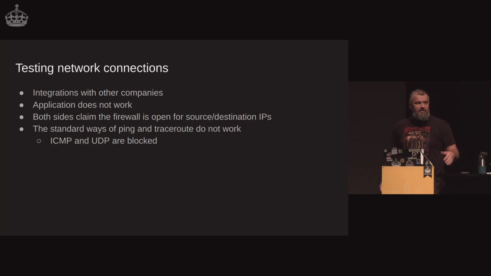And then the admins on both ends say, oh, well, we did everything that you asked for. It should be working. It's your problem. And then if you try to debug it as a developer, what the internet says is use ping, use traceroute, but it doesn't work in modern environments because most of the time ICMP and UDP protocols are blocked if you have a reasonably good network admin.